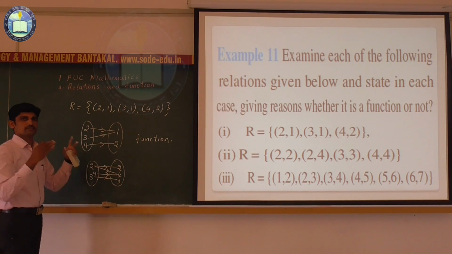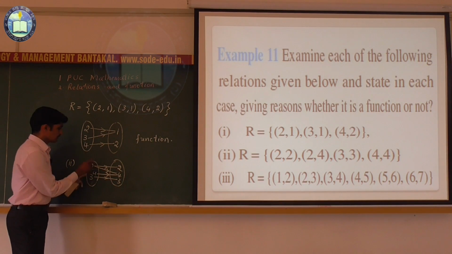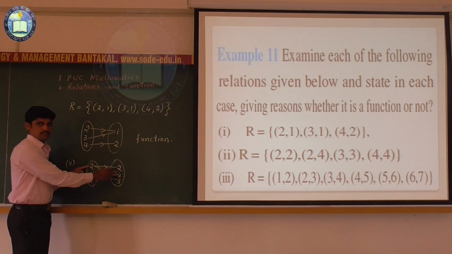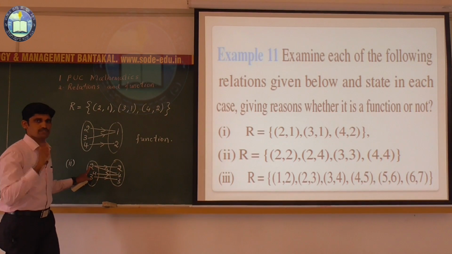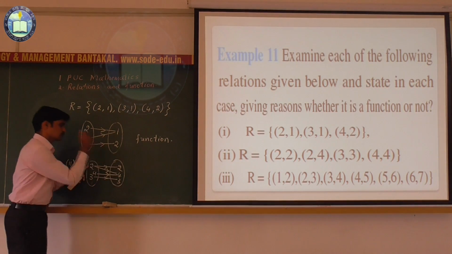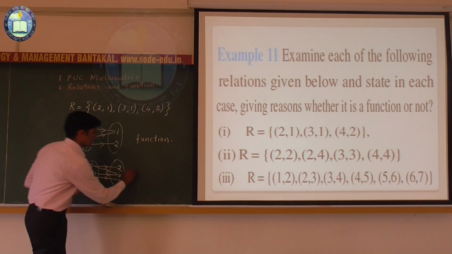So here, if we think of the definition of a function, 2 has 2 images. According to the definition, no two ordered pairs can have the same first element. Here 2 has 2 images, therefore this is not a function.